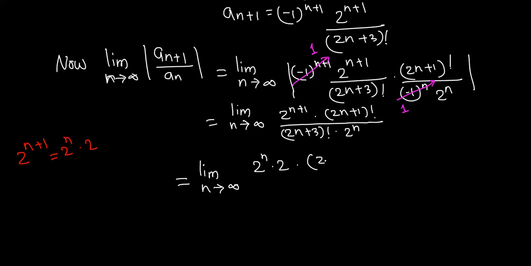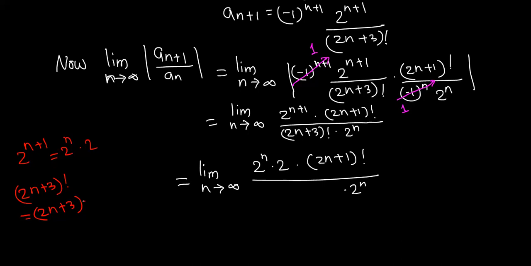So this is (2n+1)! on the top, everything divided by 2^n and (2n+3)!. So let's work on (2n+3)!. By definition, it is 2n+3 times one less, 2n+2, times one less, 2n+1, times one less, 2n, and so on, and we can stop at (2n+1)!.